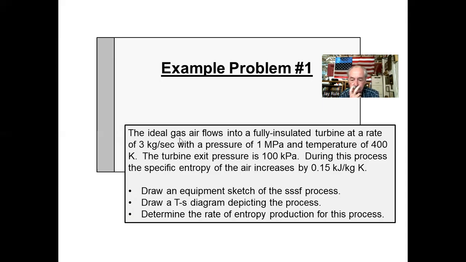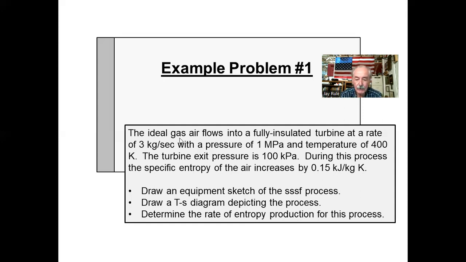Wow, a lot of information. During this process, the specific entropy of the air, s2 minus s1, increases by 0.15 kilojoules per kilogram degree K. So little s2 minus little s1 equals plus 0.15 kilojoules per kilogram degree K.